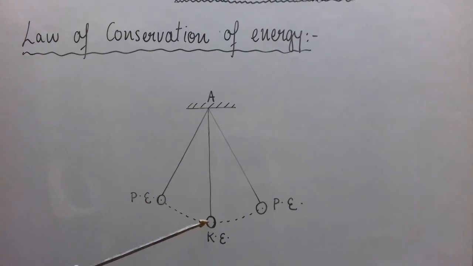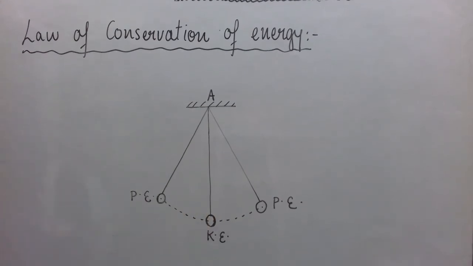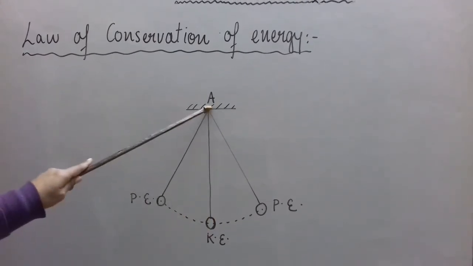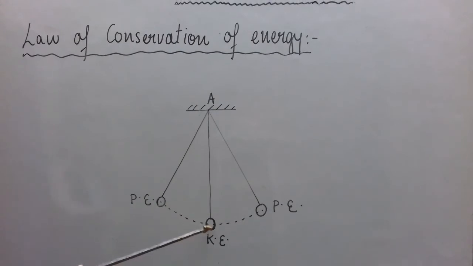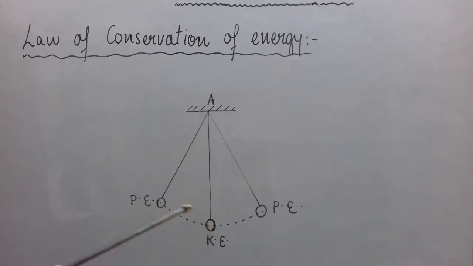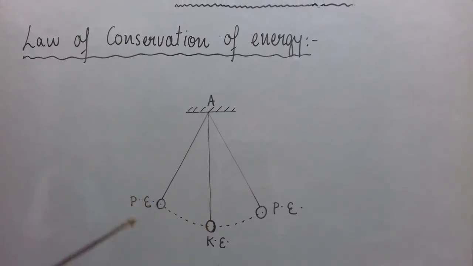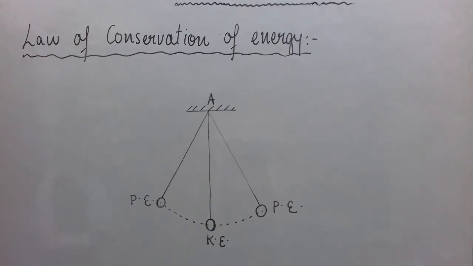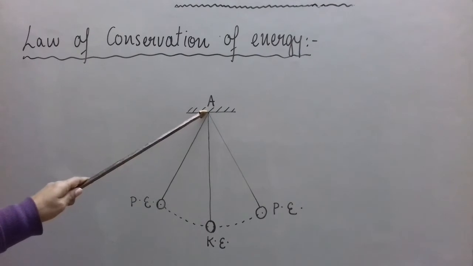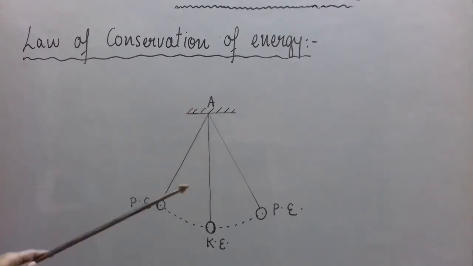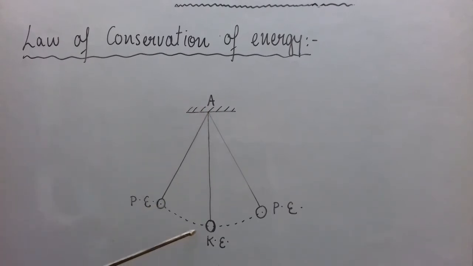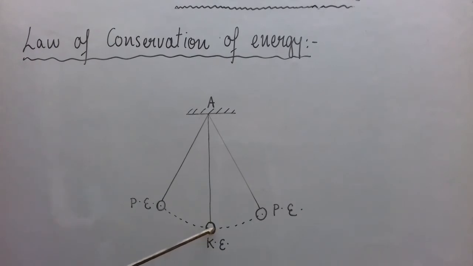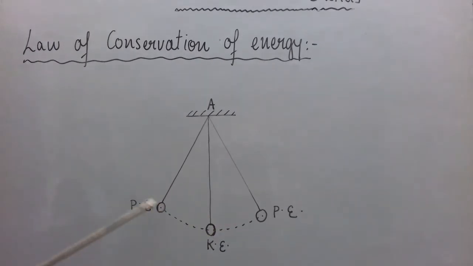And if there is no air resistance or no friction here, we can consider once the simple pendulum is displaced from its position, it should continue to oscillate forever. Okay, but in reality there exists frictional force due to air, so it stops. Otherwise, once displaced from its mean position, it should continue to oscillate forever.